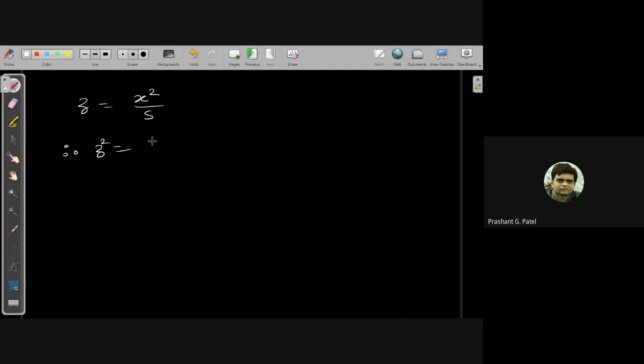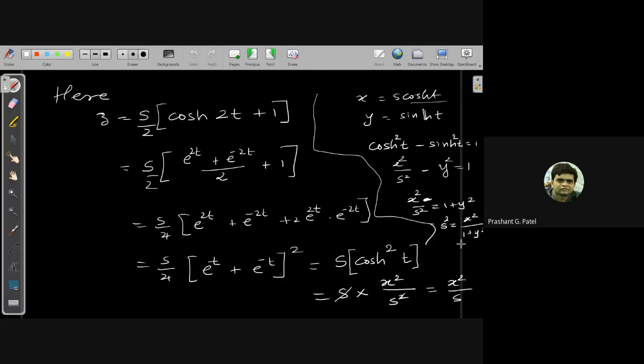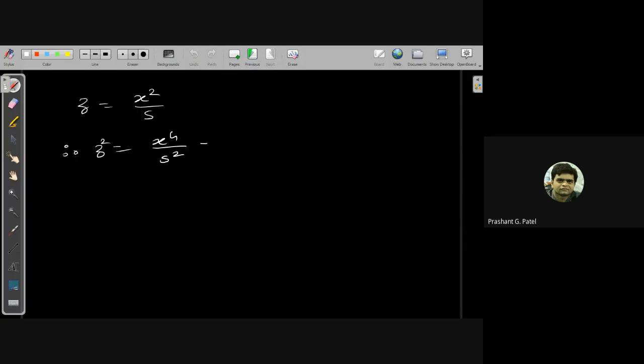So z square is x raised to 4 by s square. But 1 upon s square that we get is 1 plus y square upon x square. So this is x to the 4 into 1 plus y square upon x square. One x square gets cancelled out. So finally you will have x square into 1 plus y square.